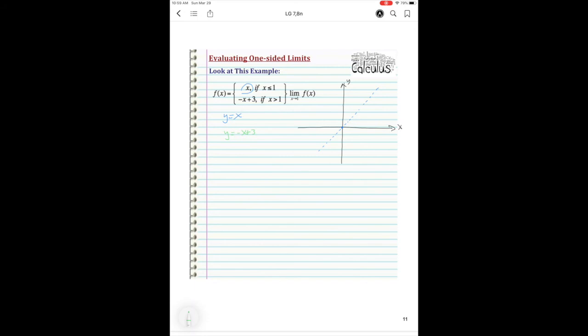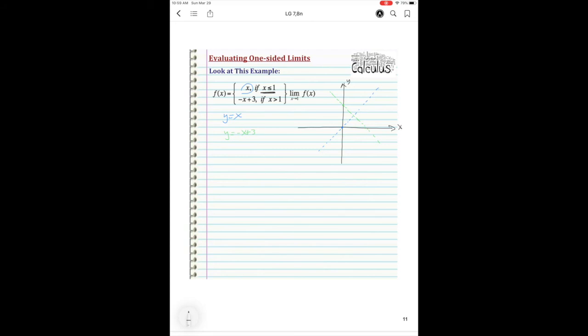So 1, 2, 3, and down 1 over 1. Down 1 over 1. Down 1 over 1. So this function looks like, again, I'm just going to do a dot because now I'm going to make it solid because we have some restrictions to it.